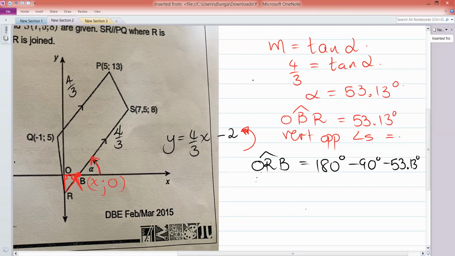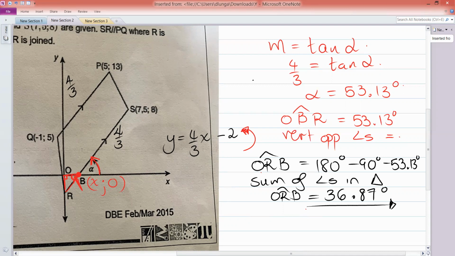The reason: sum of angles in a triangle. So ORB is equal to 36.87 degrees. Ma'am, in a question like this, do you need to state that BOR is 90 if it's given like this?